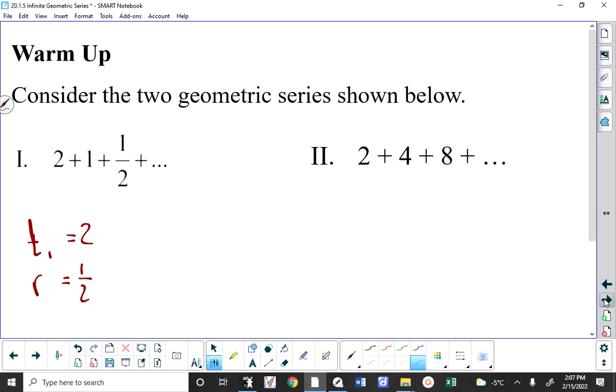Don't be sucked into thinking that the fact that there's 2's all over the place in these two series makes it important. I could have used other numbers than 2. On the other hand, in series 2, the first term also happens to be 2, but the common ratio is 2 instead of a half.